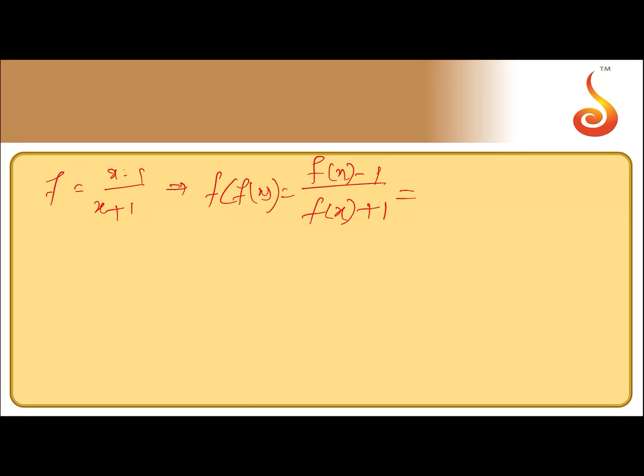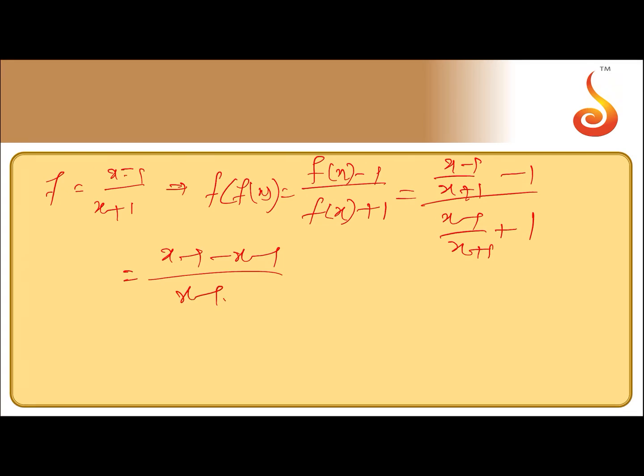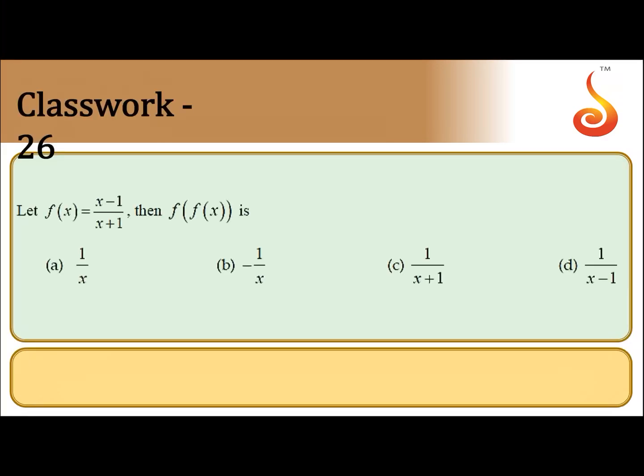And then you substitute x minus 1 by x plus 1 over here: (x minus 1 by x plus 1 minus 1) divided by (x minus 1 by x plus 1 plus 1). And take up the LCM of that: (x minus 1 minus x minus 1) divided by (x minus 1 plus x plus 1). Simplifying, we get minus 2 divided by 2x, that is equal to minus 1 by x. So the answer for the problem is minus 1 by x.